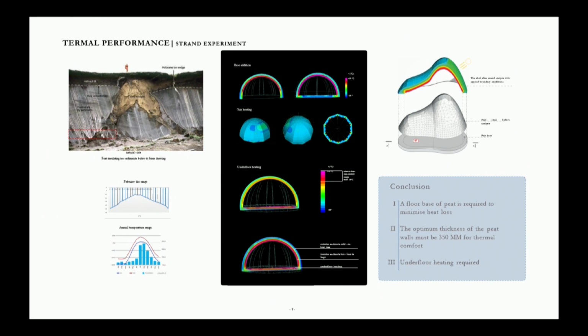Therefore, we proposed underfloor heating for the whole house. As you can see from the diagrams, underfloor heating provided us uniform thermal performance within the house and efficient thermal comfort, even in a cold winter month.